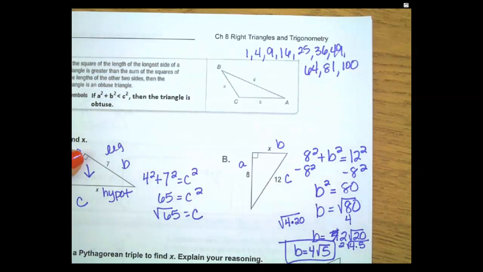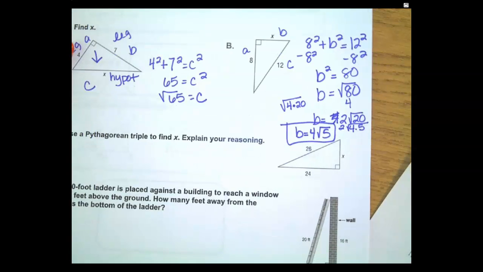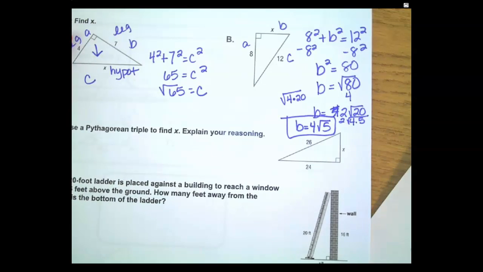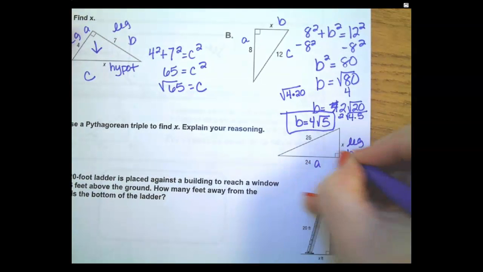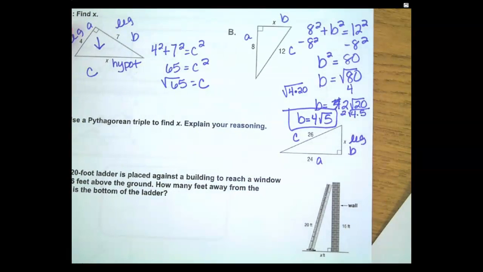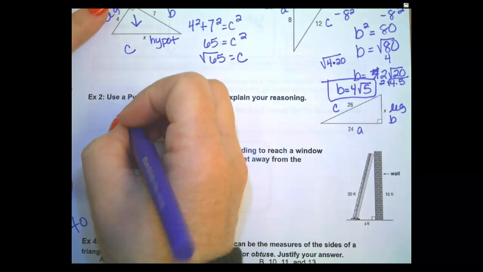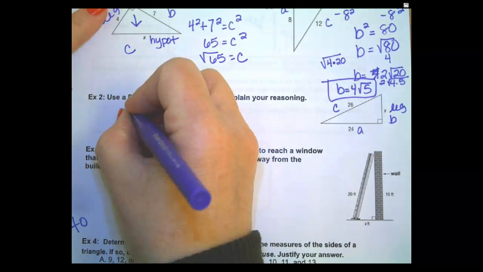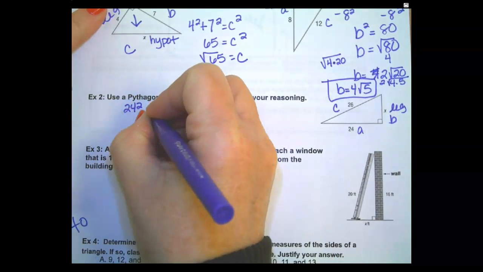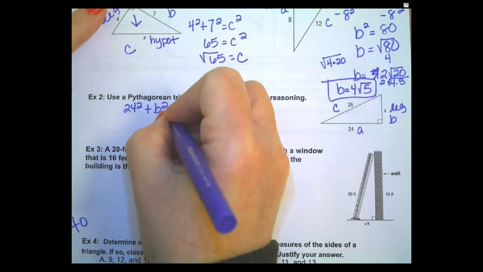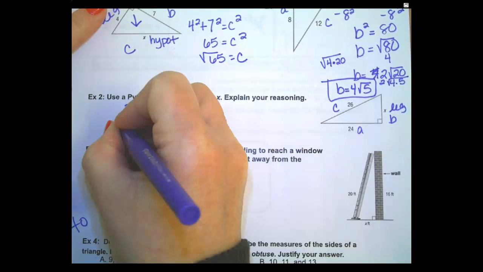All right, so let's try this next one. Again, this is a leg. So we'll go A, B, C. Hopefully you can see this. I keep forgetting. So we have 24 squared plus b squared equals 26 squared.